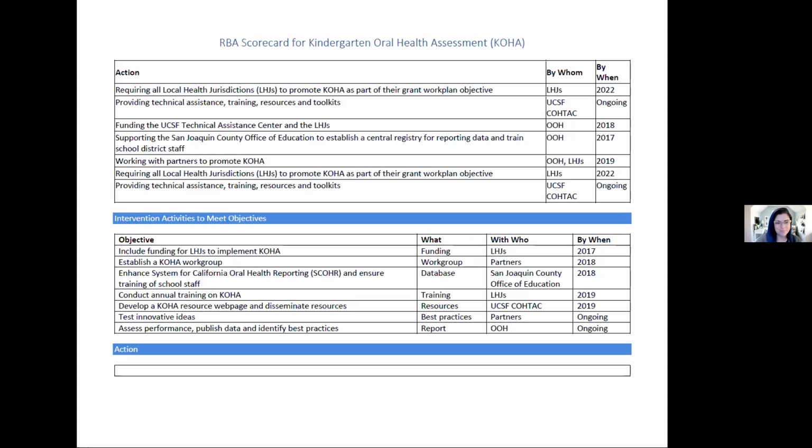Thank you. And I think those are great suggestions, Daria. And one more thing to add is that when talking with schools, frame it as a way to prevent chronic absenteeism, since dental problems are one of the number one reasons kids miss school, and talk about the financial incentive for them to incorporate KOHA.